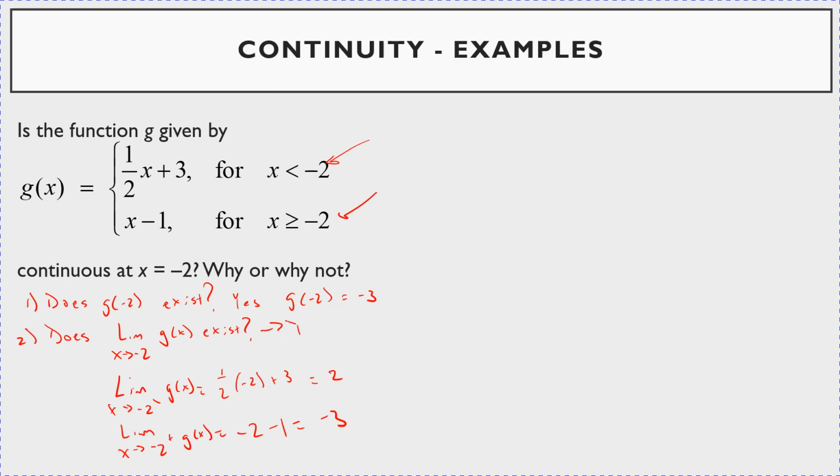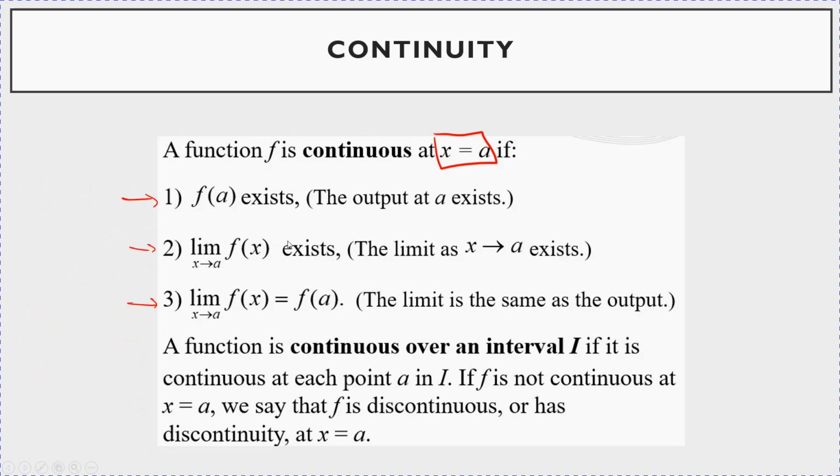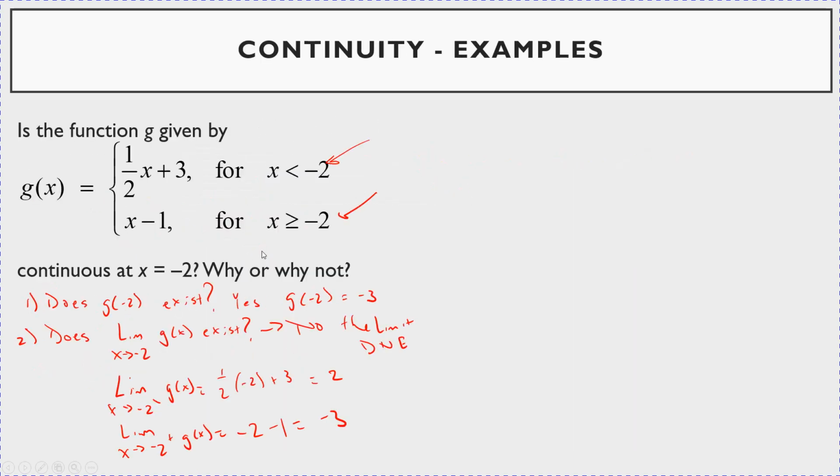So no, the limit does not exist. Since you immediately know that the limit does not exist, you can just say it is not continuous at x is equal to -2. There's a point of discontinuity.